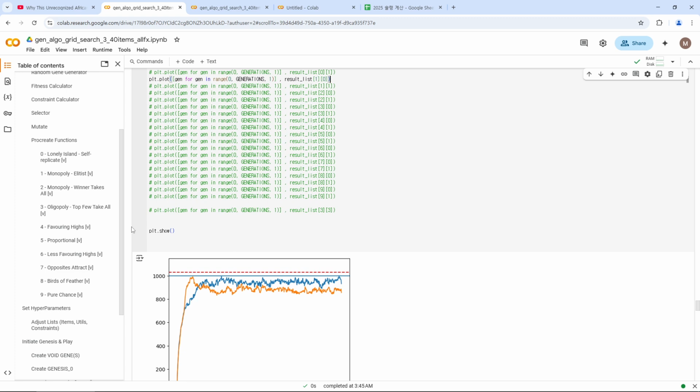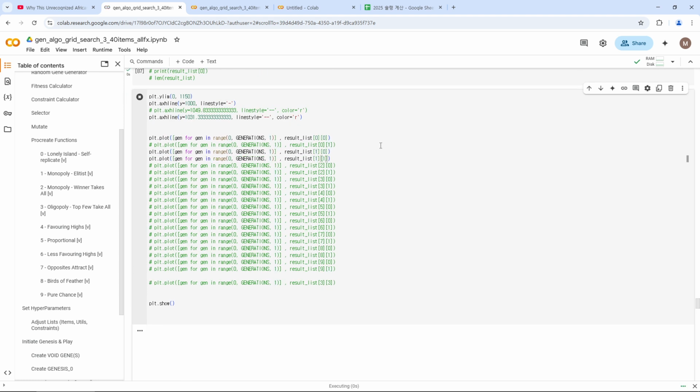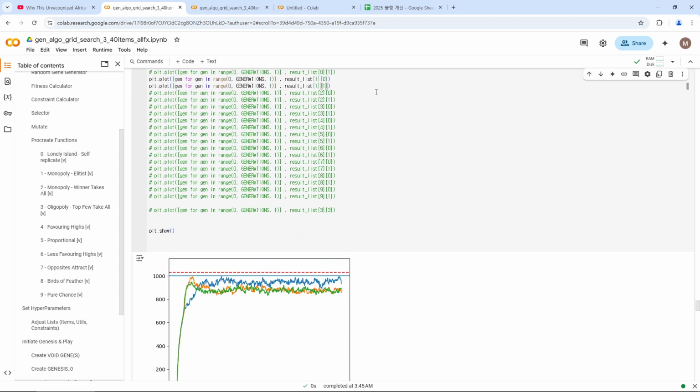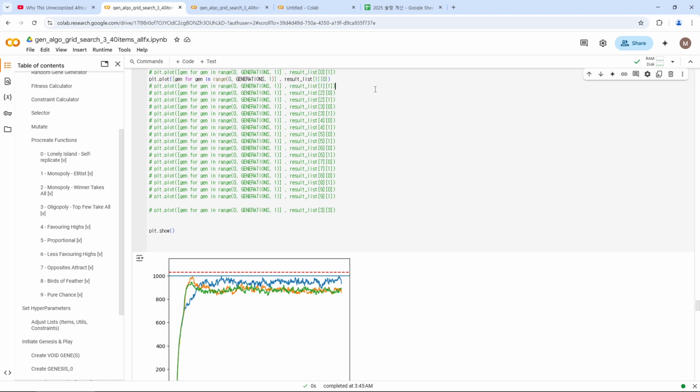See, for the monopoly elitist procreate function, it does peak, and then it falls down and plateaus outwards, so there is a dip. Same for the second run, and probably for the third, fourth, and fifth runs. Yeah, it's all the same. So I'm just going to leave that.